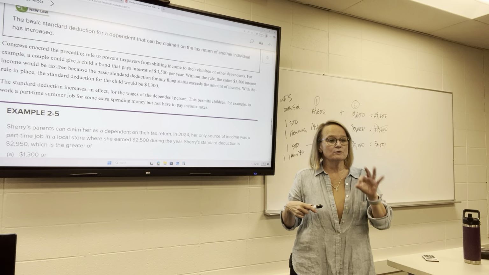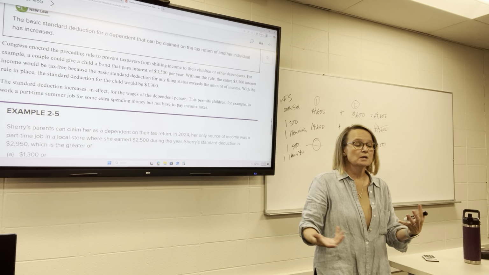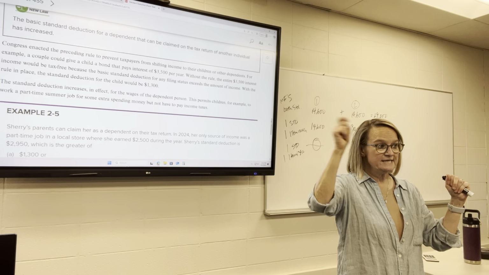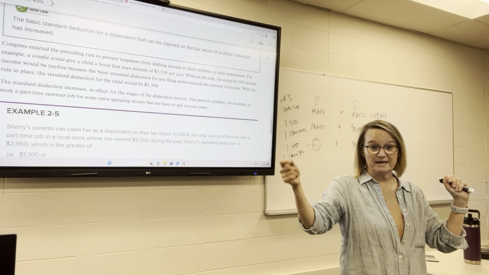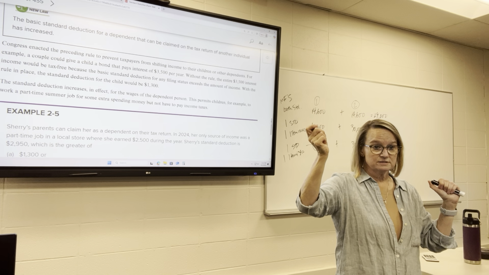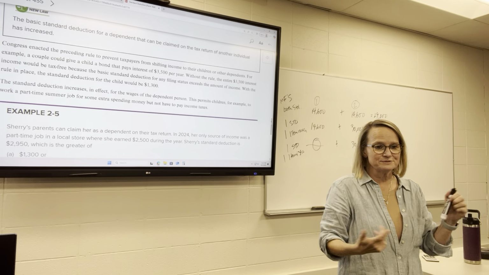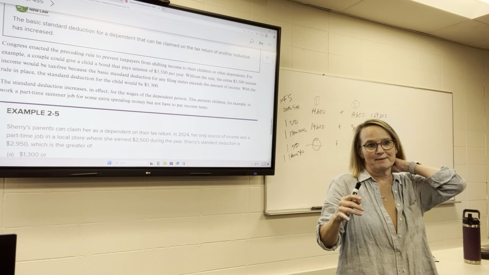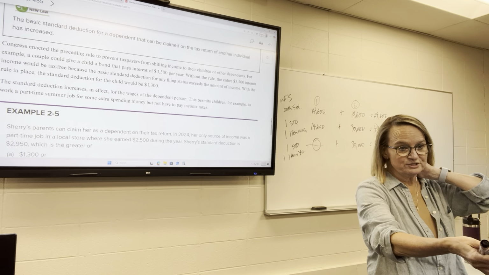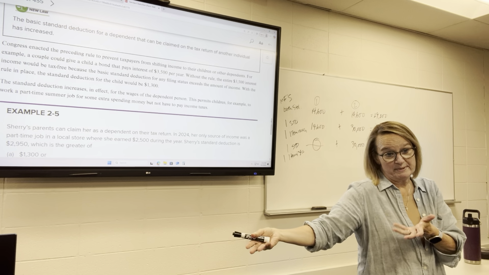So in those cases, when a child is filing a tax return, they have to answer the question that says, can you be claimed as a dependent on somebody else's tax return? The answer is yes. Most times the parent is a client and they bring the kid's return as well, so it's easy to know the child is dependent on somebody else's return.